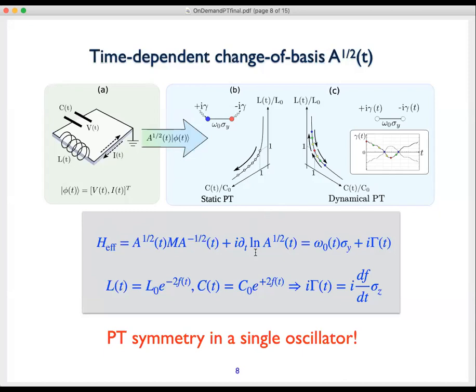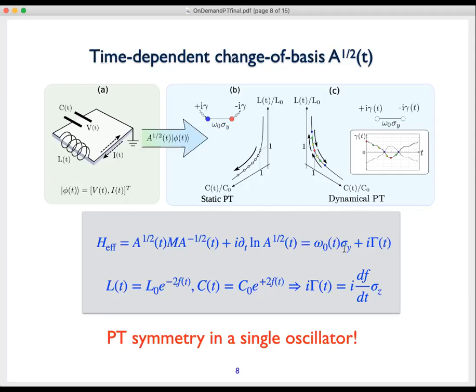In this case the point is in time instead of space, but it's the same logic. So the correction is given by i del t of the log of this similarity transform matrix. And I have chosen the similarity transform such that the product of the elements of A remains constant. So if I do that, then this is the Hamiltonian I'm going to get.